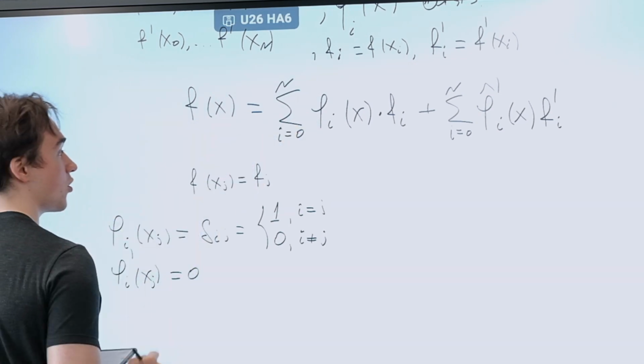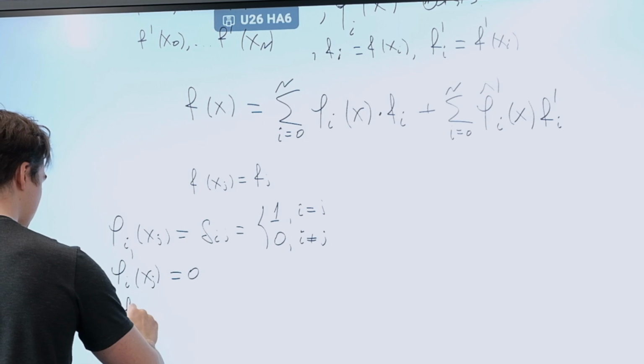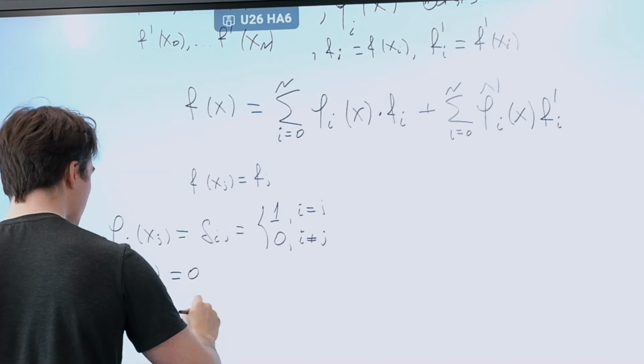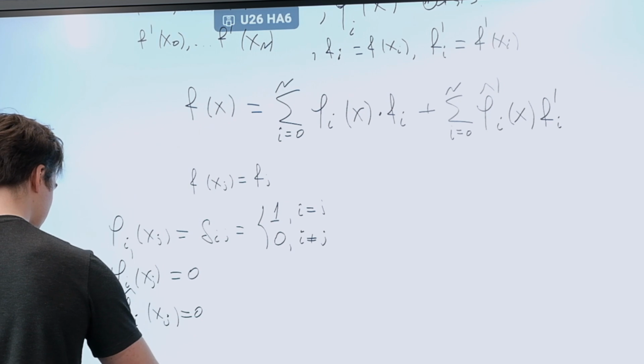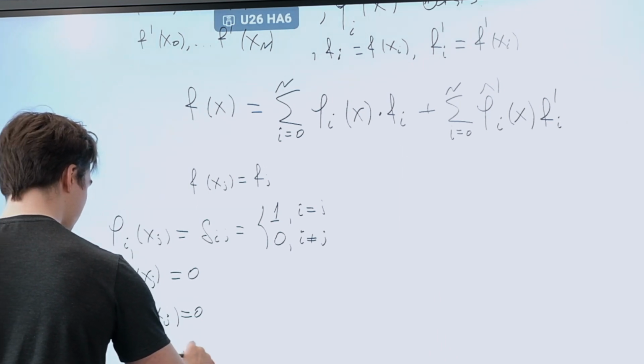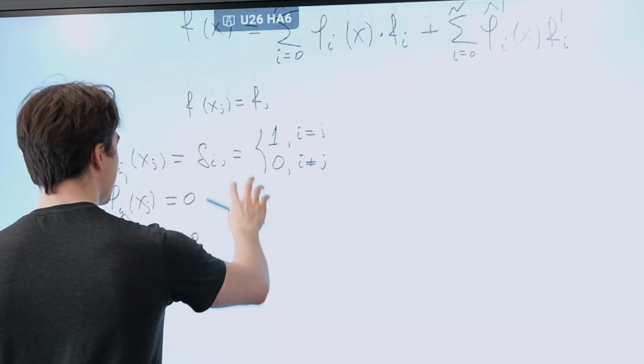And for the second basis, with the hat, we use the condition that phi i hat at x j is equal to 0, and phi i prime hat at x j is the Kronecker delta.